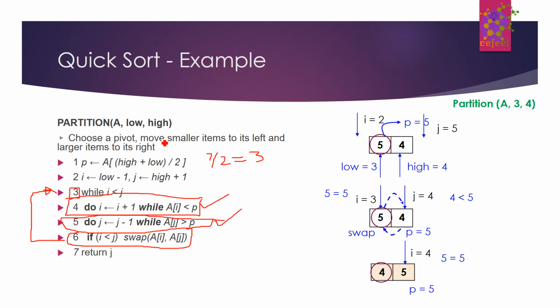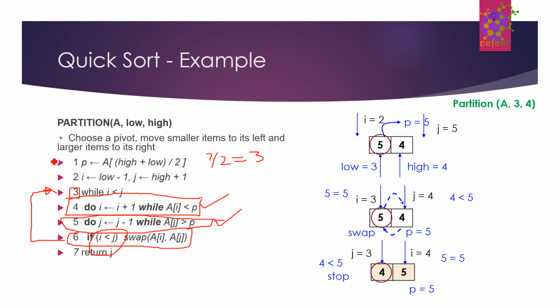So in the j loop we'll decrement j to 3 from 4, and what will happen is 4 will now be compared with 5, and 4 is actually less than 5, which means we will have to stop here. And we will go to step 6. But what happens in step 6 is, since the I and j pointers have crossed each other, I is no longer less than j, and hence there will be no swapping here.